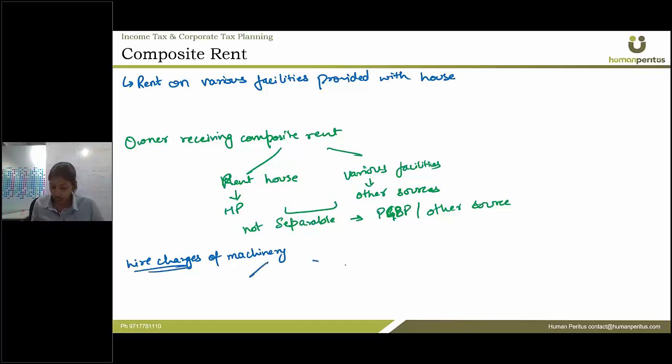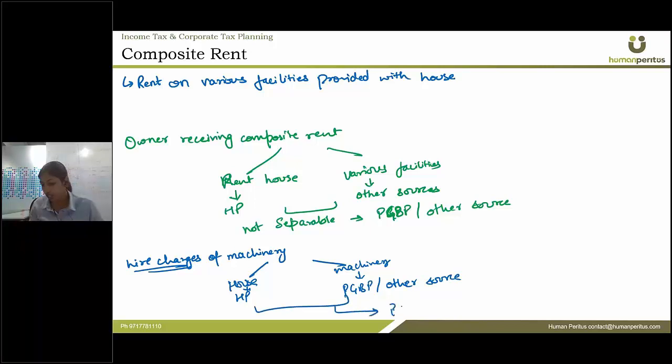In that case again we will divide the rent. Rent for the house or the building will be house property income, and rent for the machinery or facility provided will be either PGBP, because it is for business purposes, or other sources. And again in this case, if it is not separable, the entire income, even the house income, will be either PGBP or other sources.